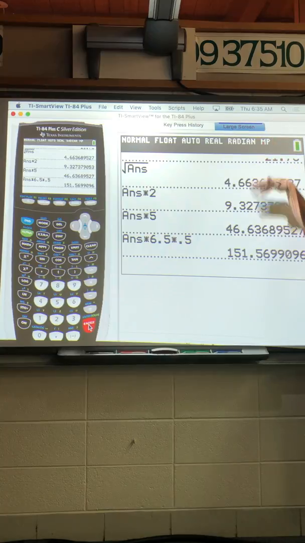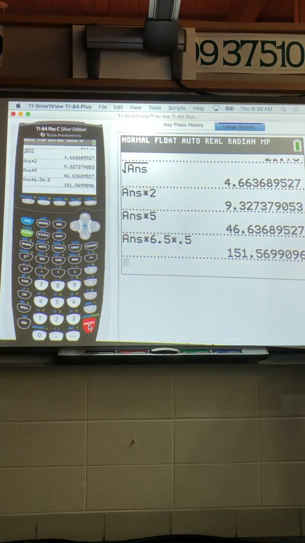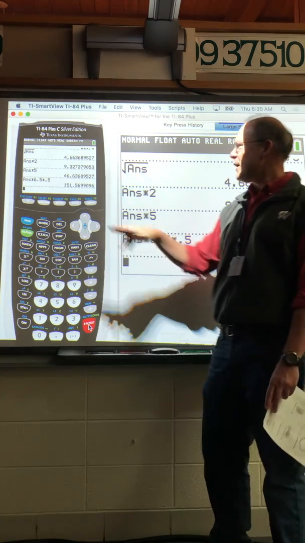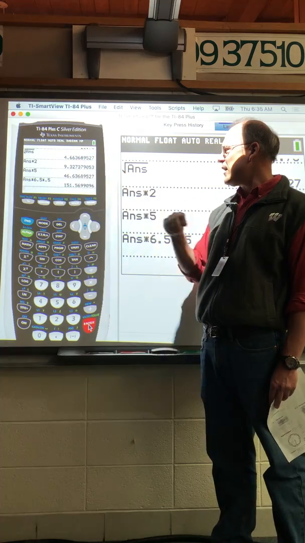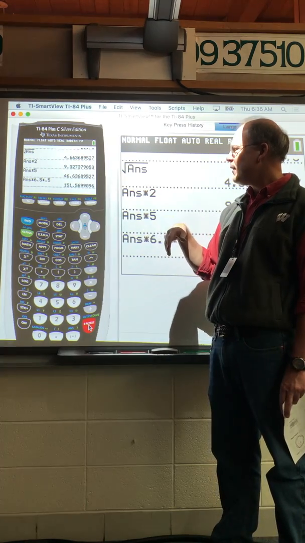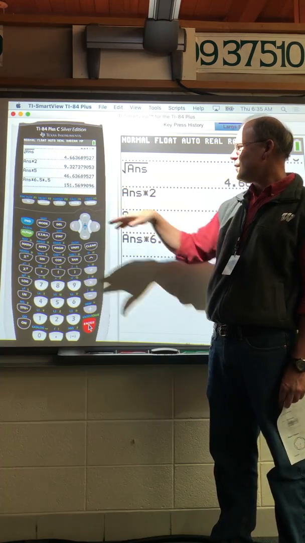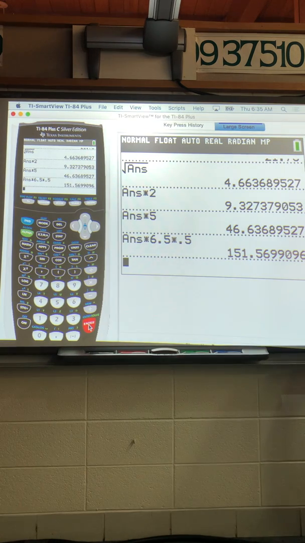We didn't do any rounding, but hopefully you can see that if you round at each step, like if you make this 4.66 and you make that 9.33, so you're off there, and then you round again, if you round 3 different times, your answer is going to be off. So let the calculator just remember the whole thing.